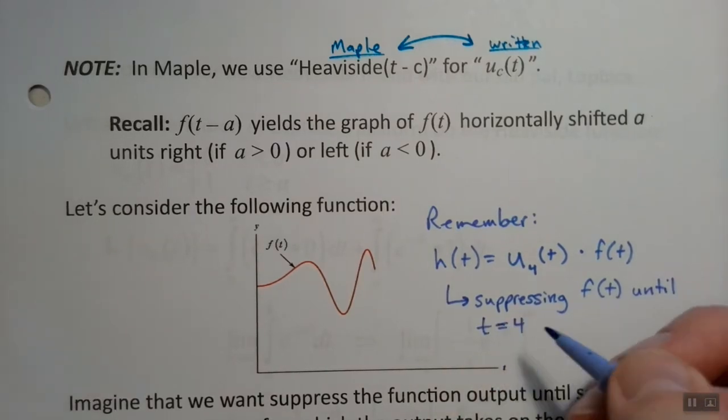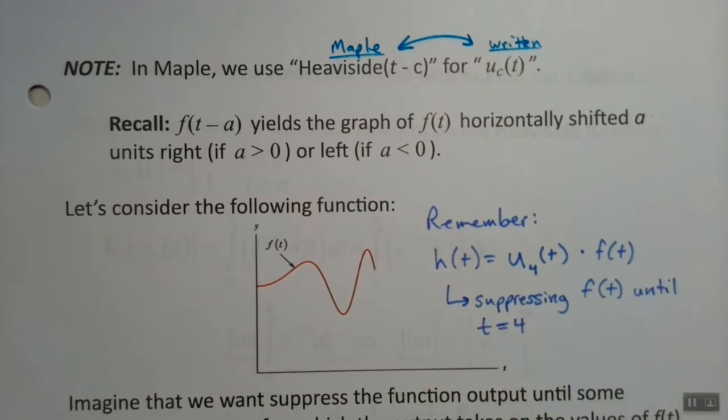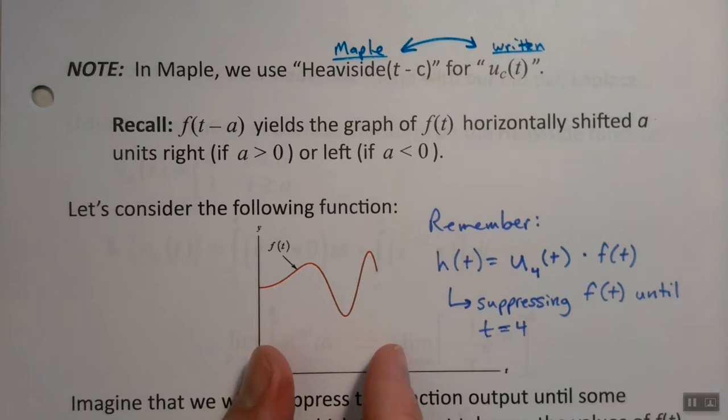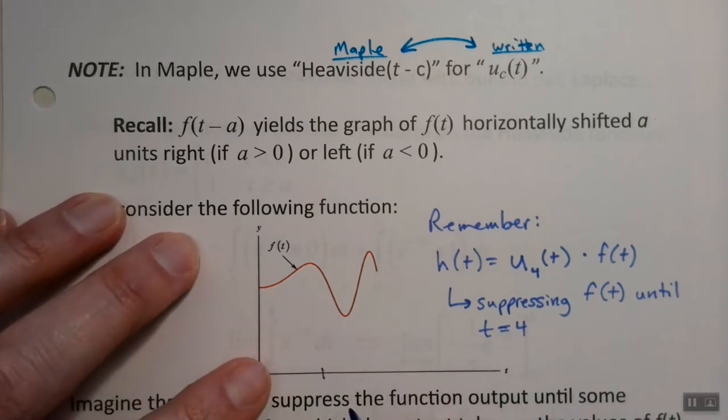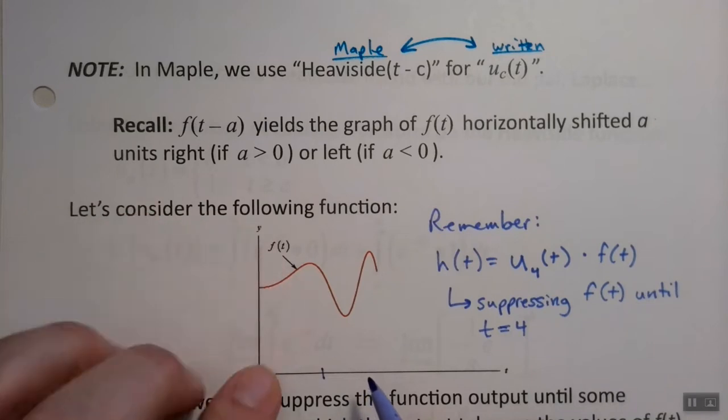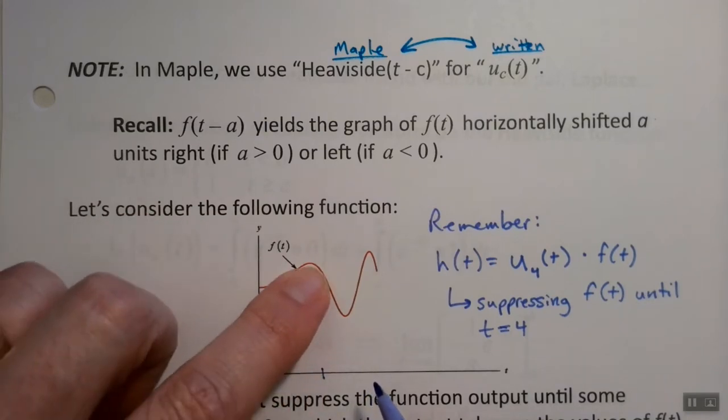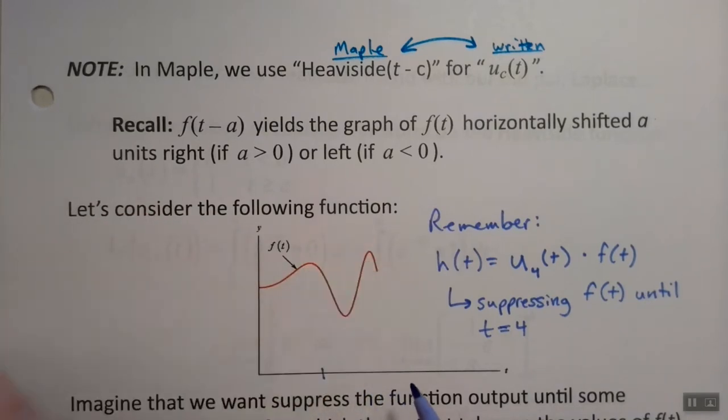So you're basically saying, I don't want to see the graph of f of t show up until t equals 4. The problem is that's not going to be the graph of f of t like this. It's going to be wherever 4 happens to be. So if 4 is like over here, then it will basically be a flat line up until this point, and then all of a sudden the graph will start where it normally would have.